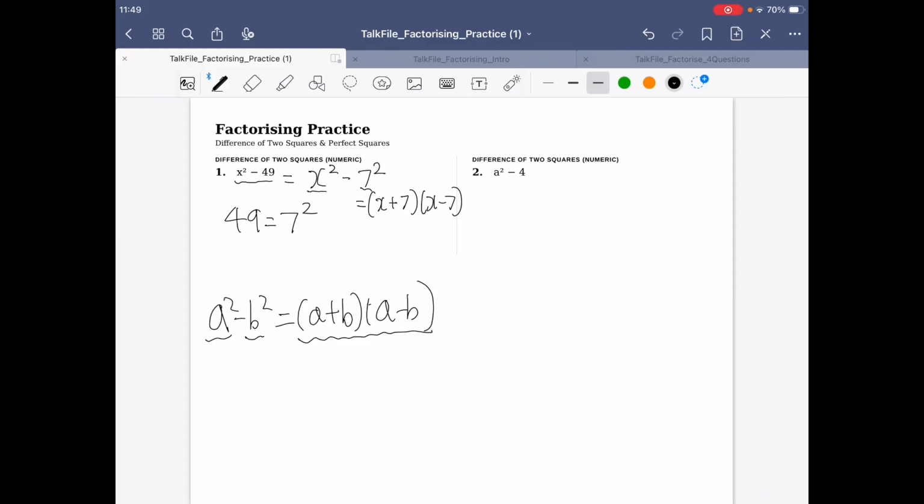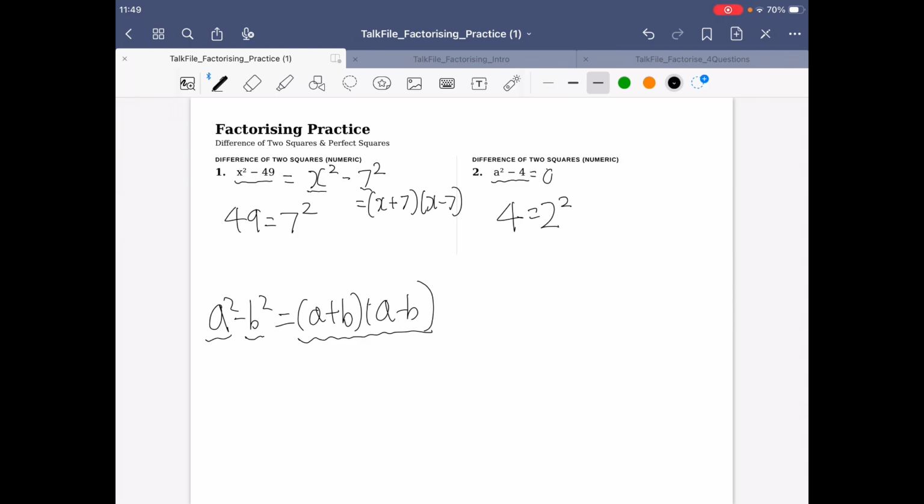Next one, a squared minus 4. The first thing you should do is recognize that 4 is 2 squared. You don't really have to write that down, 4 equals 2 squared. If you can do it without going through all this process, that will be ideal.